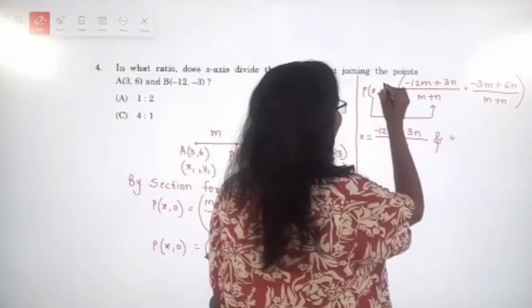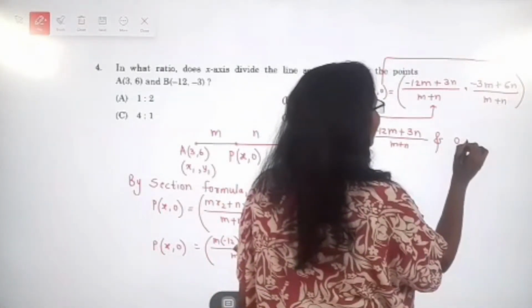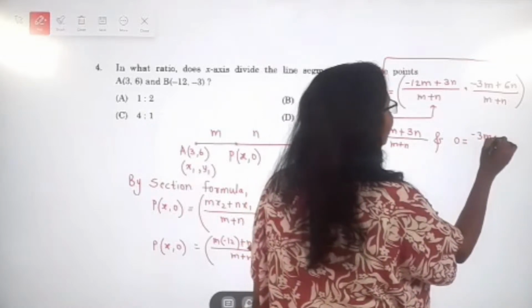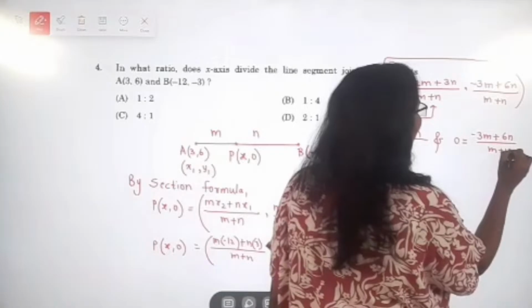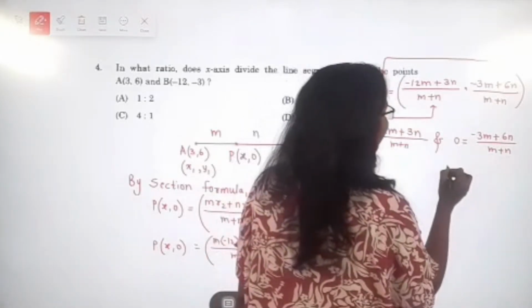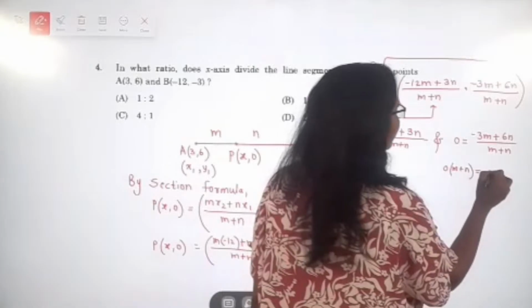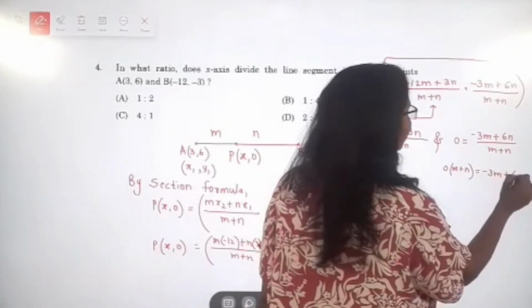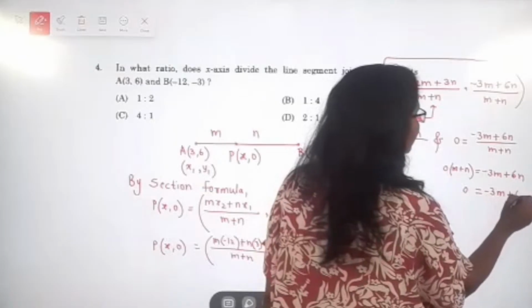So that means the value of y here is 0. So here we write 0 is equal to minus 3m plus 6n upon m plus n. Okay students, now cross multiplication, that is 0 multiply m plus n is equal to minus 3m plus 6n. So here 0 is equal to minus 3m plus 6n.